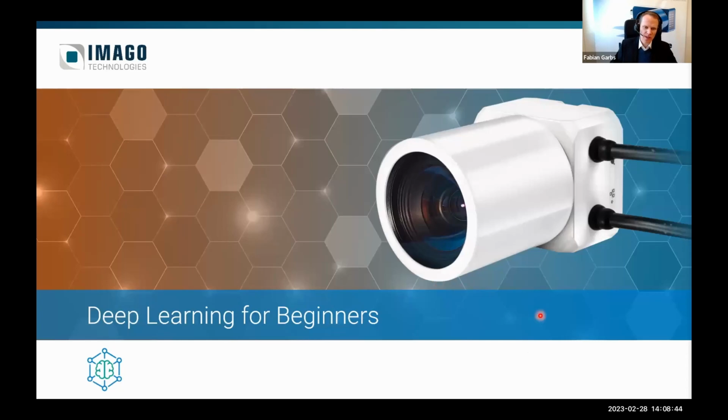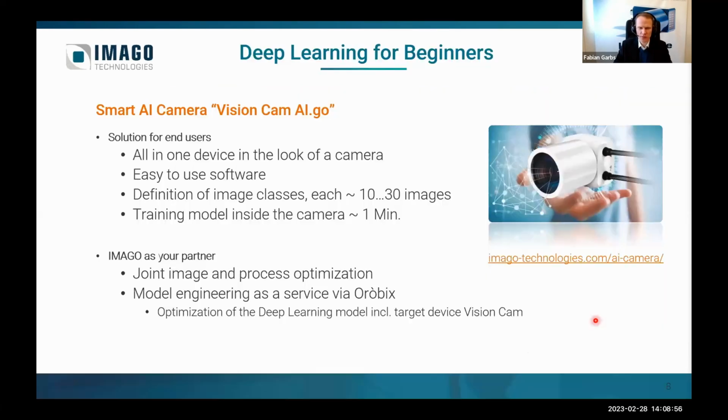But today we want to have a look at a product which can be easily used by beginners, and also by experts, but especially for beginners. And this is the so-called VisionCam AI Go. And for example, here you see what's possible.